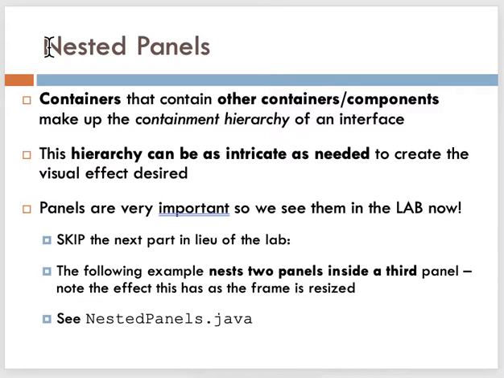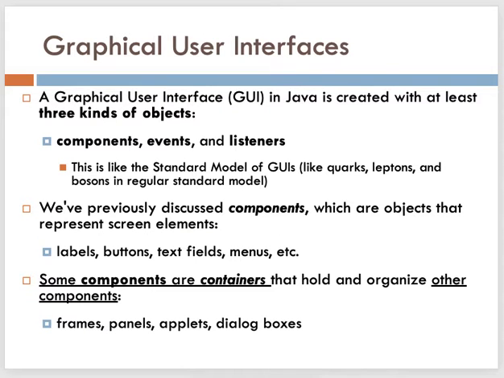And so you can make this very complex containment hierarchy to make sure that the layout of the different objects and components that we have is exactly the way that you might have wanted to see it. And so this hierarchy can be quite intricate at times. And the panels are very important, and you're going to see as we start to create some of these programs in the lab that they're going to be very important for what we're going to be doing.